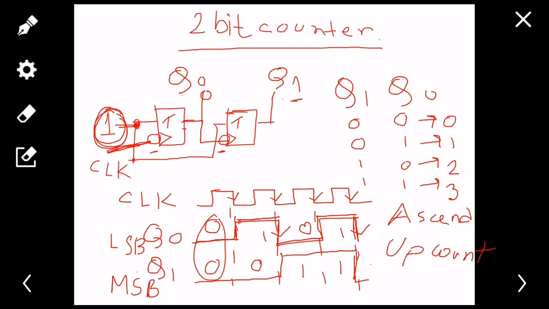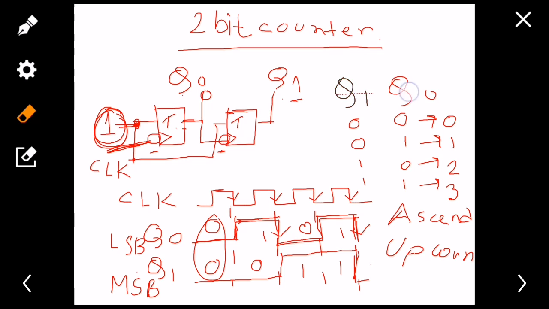Okay, so there you have it. It's a basic simple 2-bit counter. The working principle is something like this. Now if you want to change this counter and design a down counter, how can you do that? Let me show. It is very simple. You can do it by yourself, I would suggest you do it by yourself.